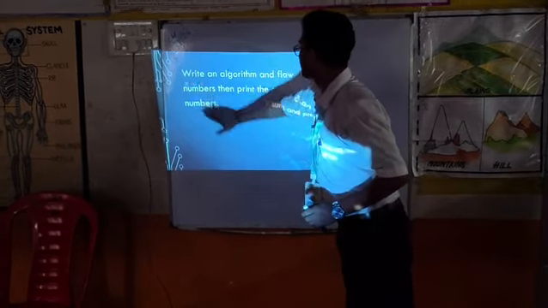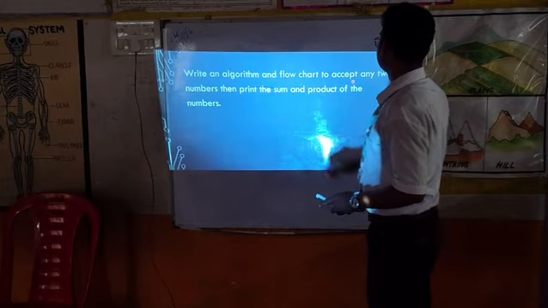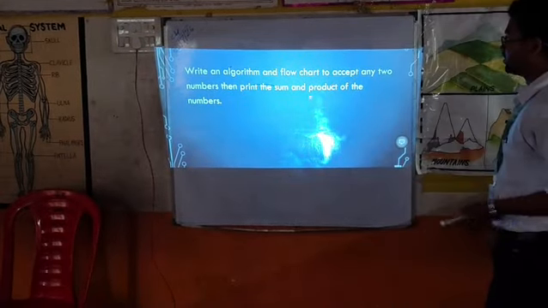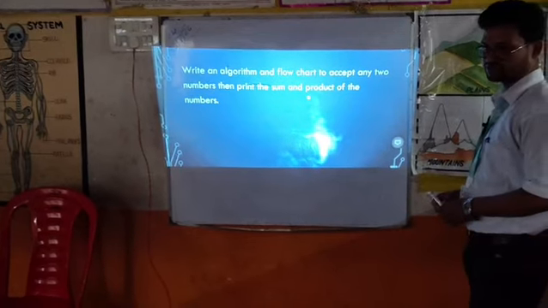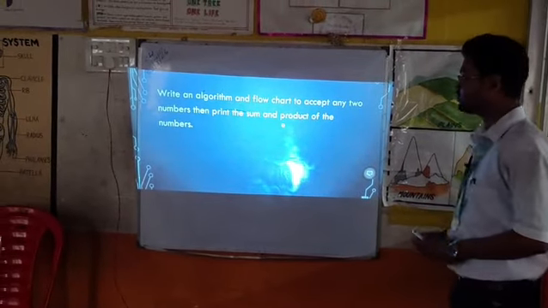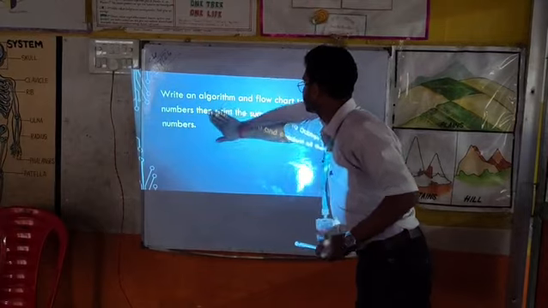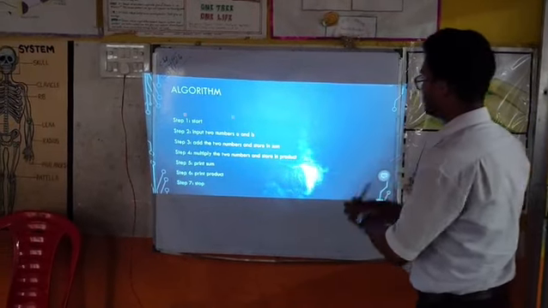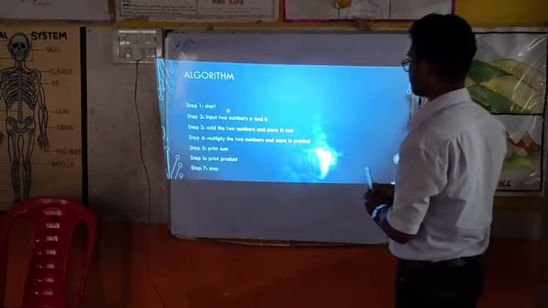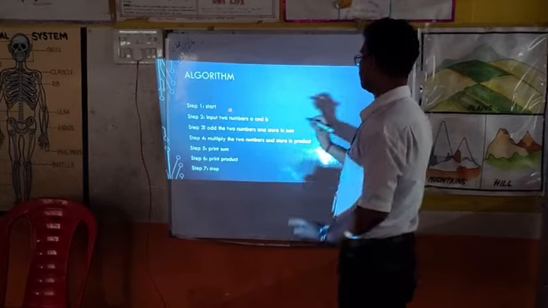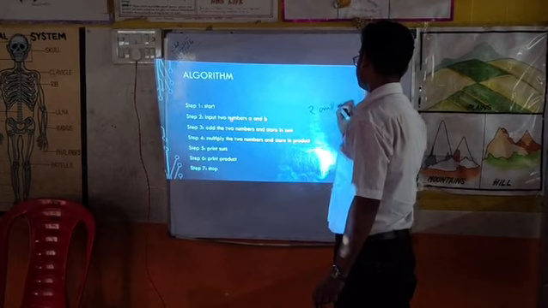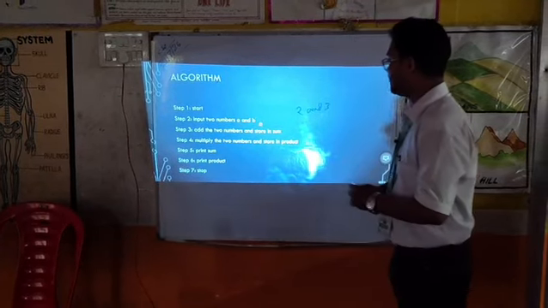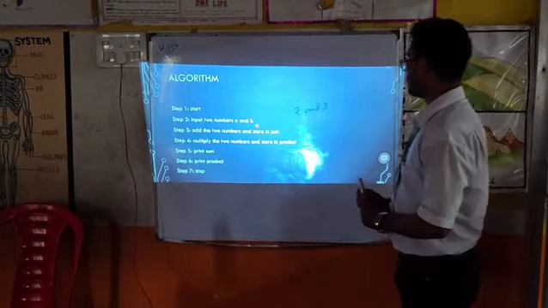Write an algorithm and flowchart to accept any two numbers, then print the sum and product of the numbers. Okay, next: start, input two numbers, such as A and B. Suppose you take 2 and 3, and add the two numbers.